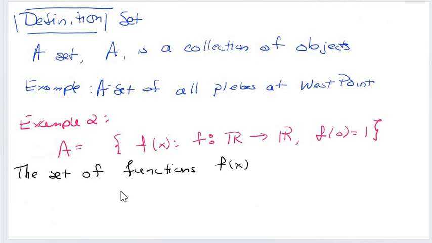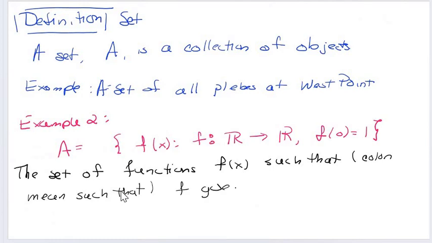That's what the first part means. After the colon means such that f goes from the real numbers, that little symbol means real numbers, to real numbers. That means that the things you can put in the domain are the real numbers, and the outputs are going to be the real numbers. That's what that arrow means. With f at 0 equals 1.